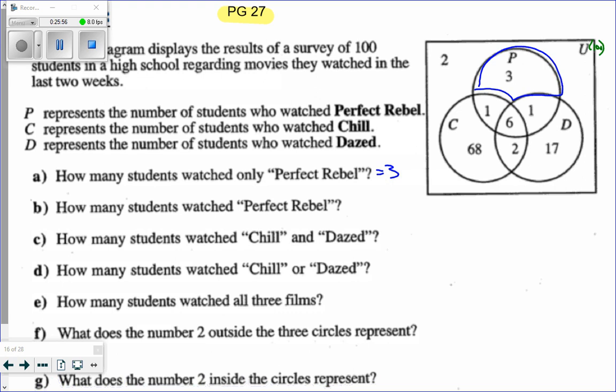How many students watched Perfect Rebel? So watched Perfect Rebel is just in that circle. So 1 plus 1 plus 3 plus 6. So that would be 11 students.